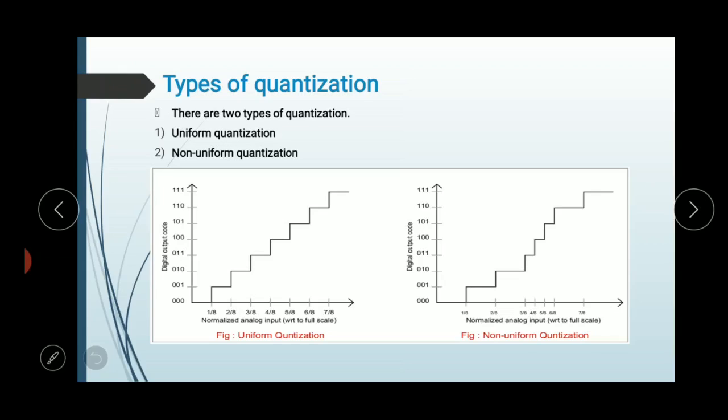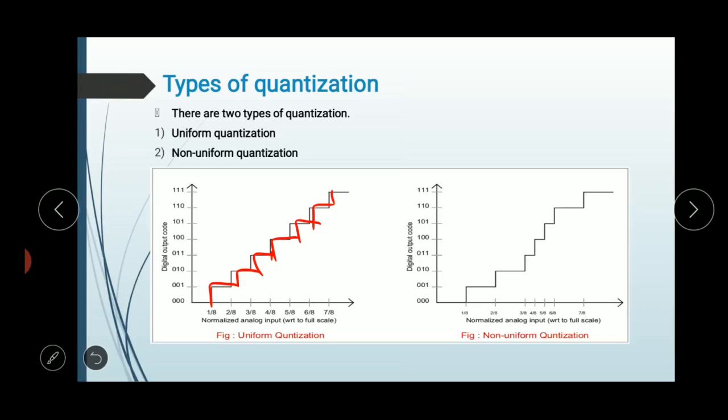So here you can see two diagrams or two graphs. First one is the uniform quantization, second one is the non-uniform quantization. In the diagram you can see here the step sizes are equal in each case. So if the step size is constant or fixed, then that is known as uniform quantization.